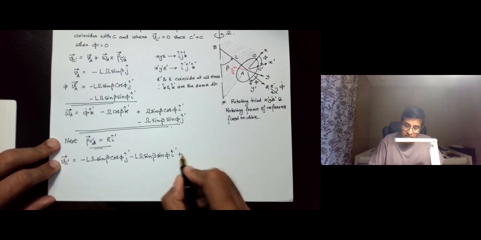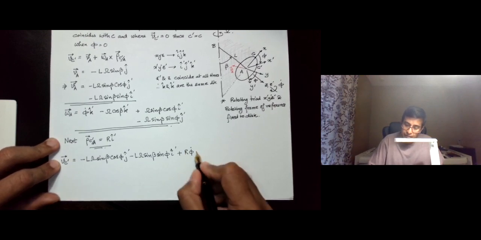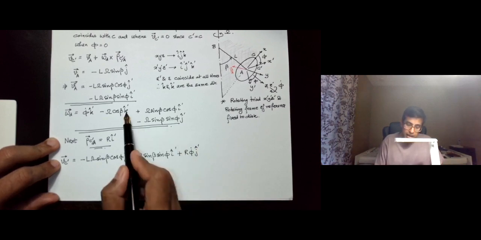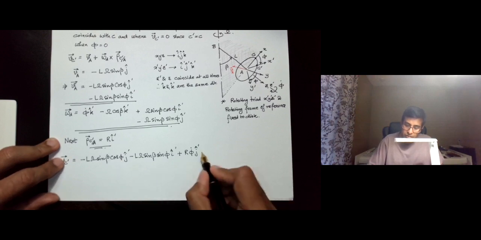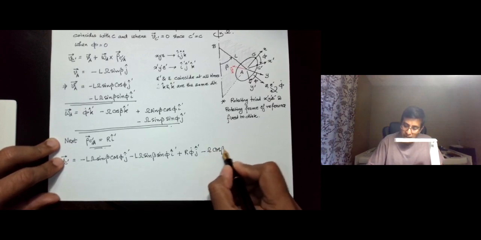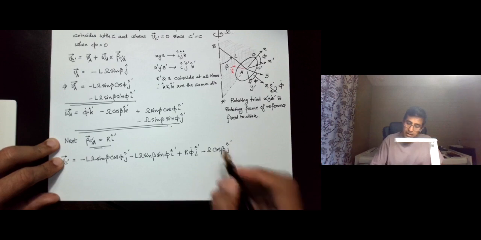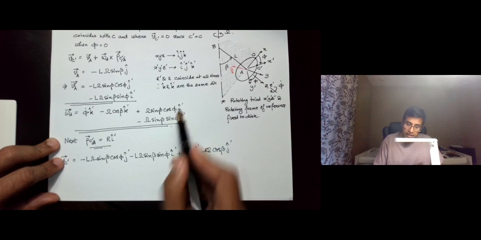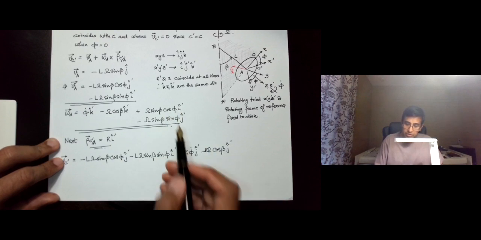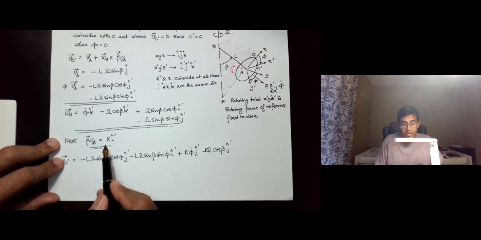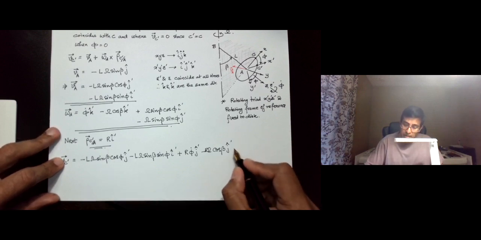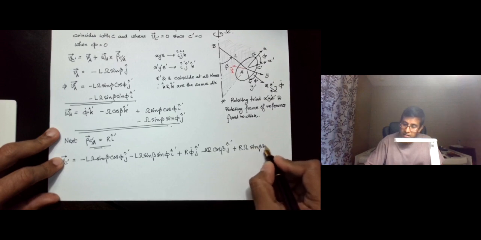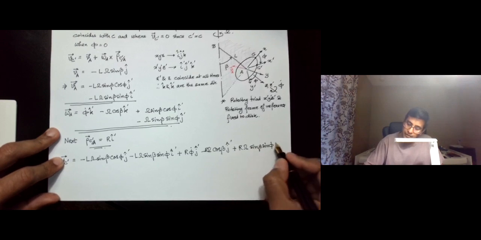So you would have plus R phi dot j prime. k prime again cross i prime is j prime, so minus omega sine beta j prime capital R, and then i prime cross i prime is equal to 0, and then j prime cross i prime is minus k prime. So we'll have plus capital R omega sine beta sine phi k prime.